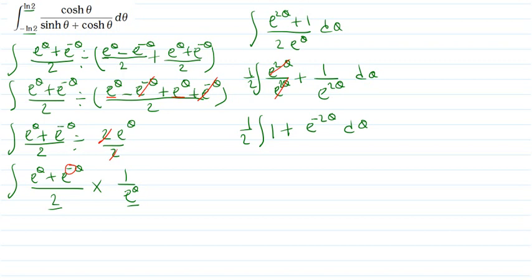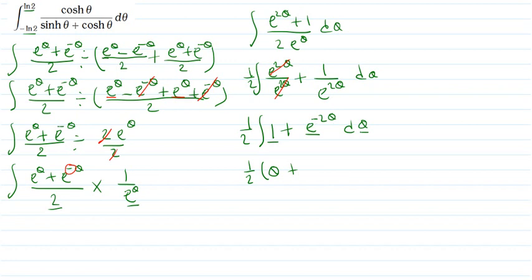So, integrating this now, we're going to have 1 over 2 open. The integral of 1 with respect to θ is simply θ, then plus the integral of e^(-2θ). We simply differentiate the power. Then after differentiating the power, we divide it by the expression.